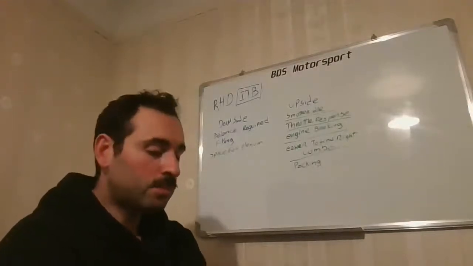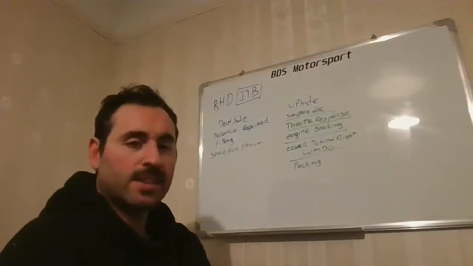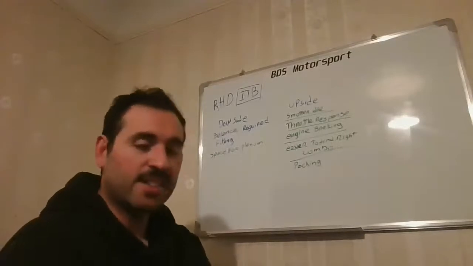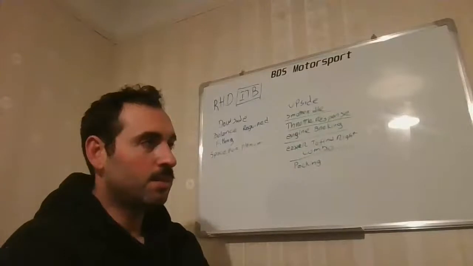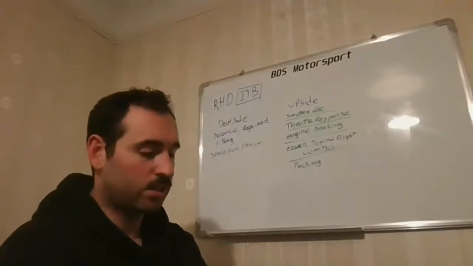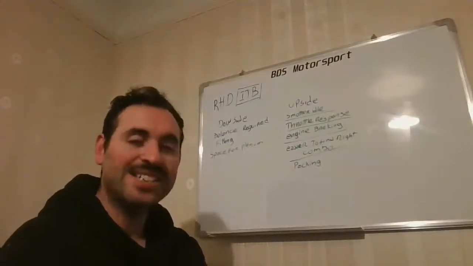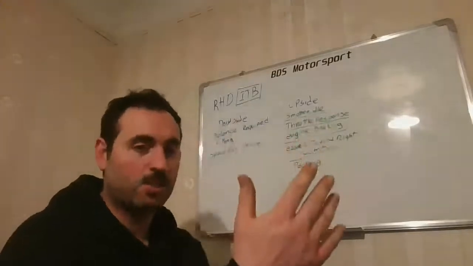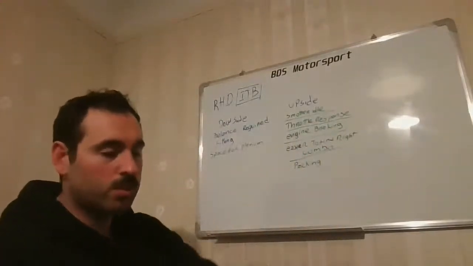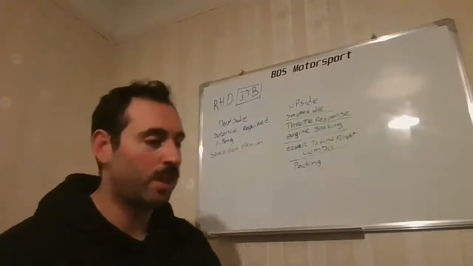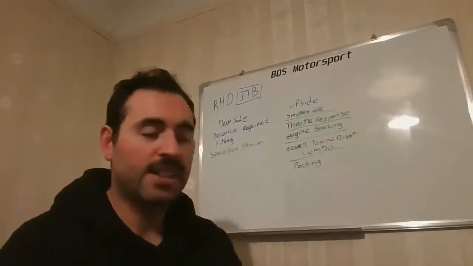The throttle body size I use on my intakes is 70 mil. That's an overkill. It's not too big, it's just a little bit bigger than what the engine needs, but it gives you plenty of room. If you want more power, you can still have more power with it. It doesn't limit you in terms of power.